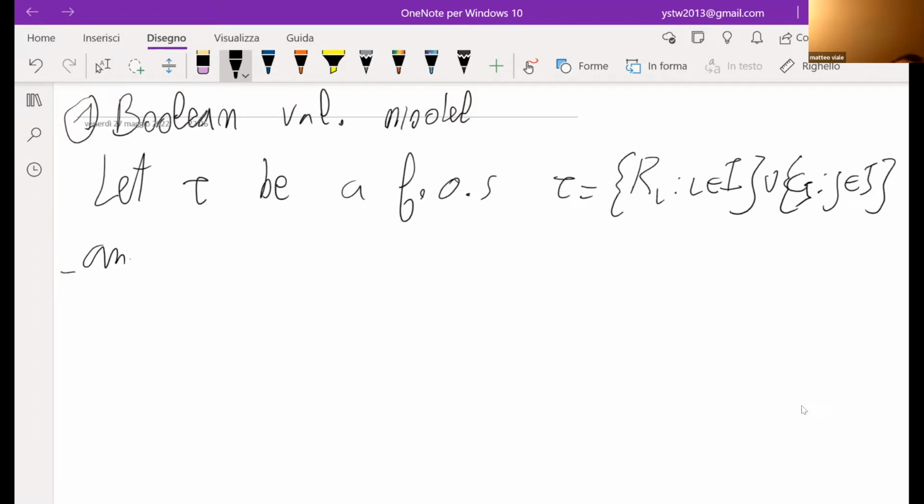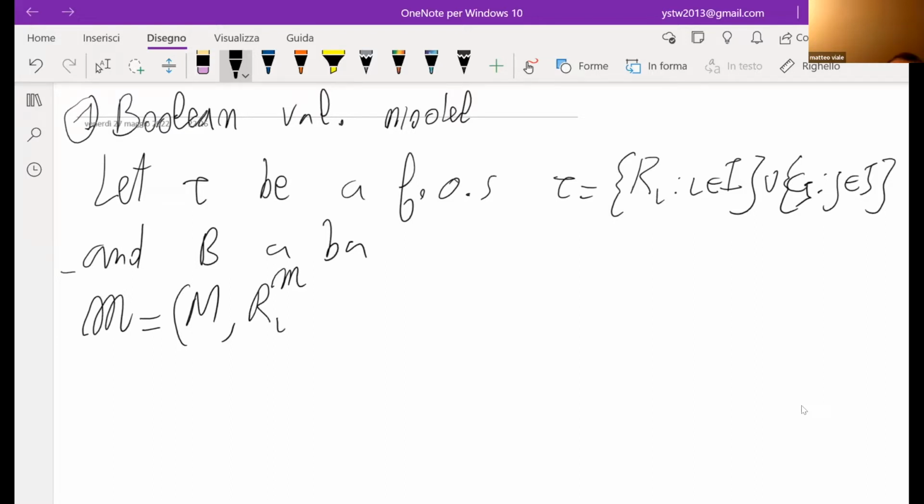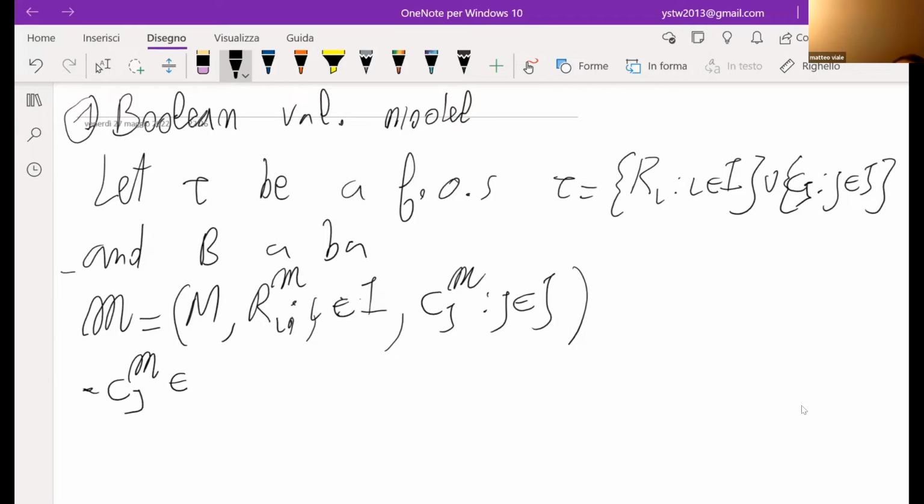So what is the idea? We have also a Boolean algebra. And then we define M, which is a domain, and then the interpretation of function symbols, sorry, the interpretation of constant symbols. And well, clearly c_j is just an element of M for all j. But what is interesting is the interpretation of the relation symbols.